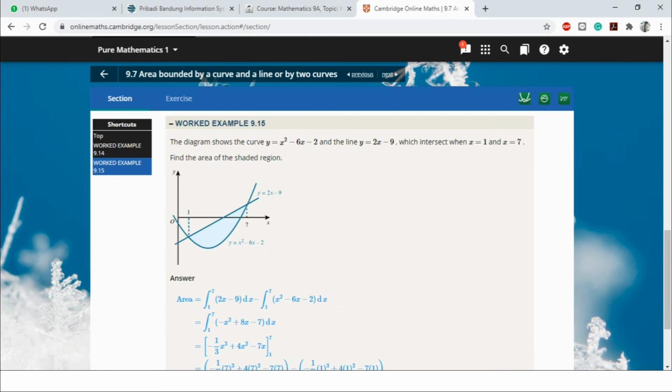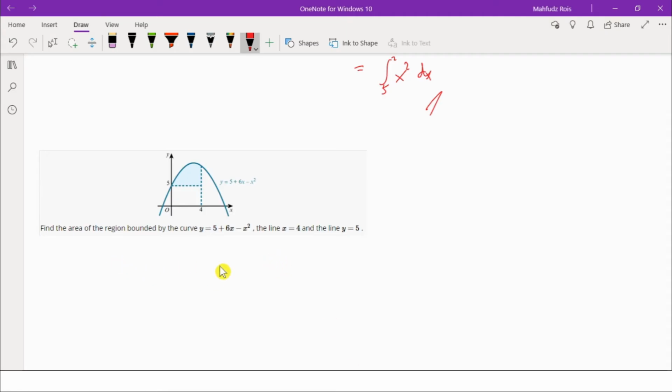Okay. And another example, how about this? Find the area of the region bound by the curve y equals 5 plus 6x minus x squared, the line x equals 4 and the line y equals 5. So we have 3 here, but actually it's not 3, since x equals 4 is the limit, and the other limit should be x equals 0, right? So you can simply write this is the first function.